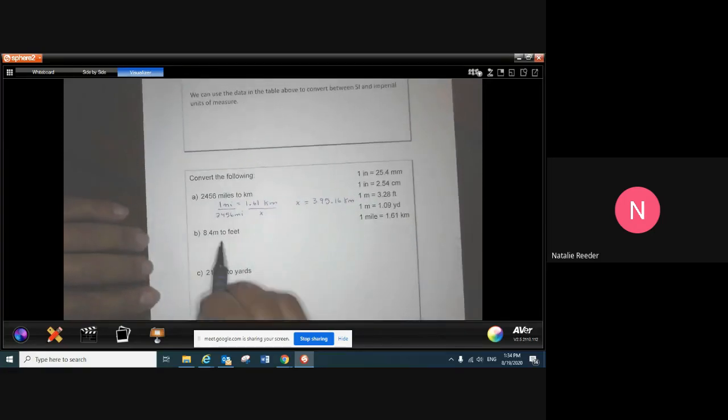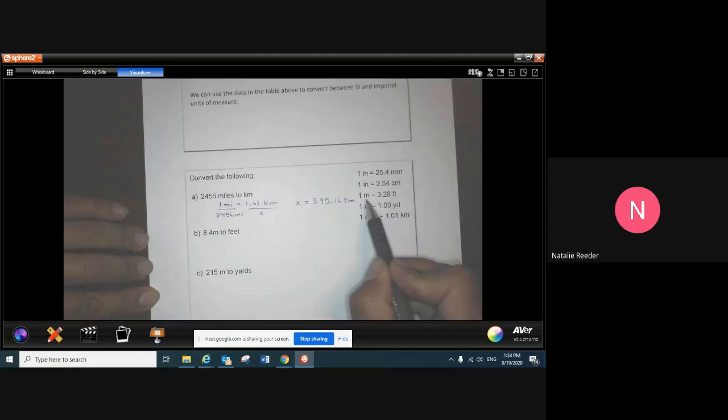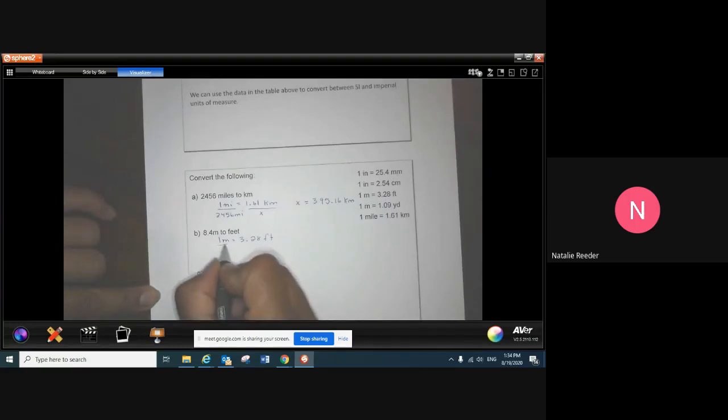The next example is converting meters to feet. So we have a look at our conversion factors. Meters to feet is the third one here in the list. So let's start by writing that out. 1 meter is equal to 3.28 feet. They are giving us 8.4 meters, so we write that under the meters, and it's the number of feet that we want to find.